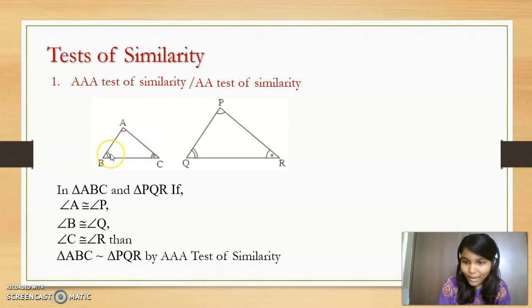Because अगर दो pair similar हो गए तो तीसरा pair similar होगा ही, क्योंकि the sum of all the angles of a triangle is 180. Therefore you don't need to prove 3 pairs of angles congruent. Even if you prove 2 pairs of angles congruent, then you can prove the triangles similar by the AA test of similarity. This test will be most used when you solve proof type of sums.